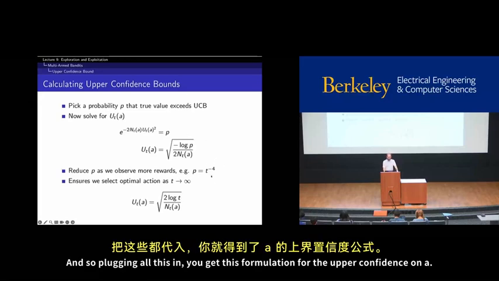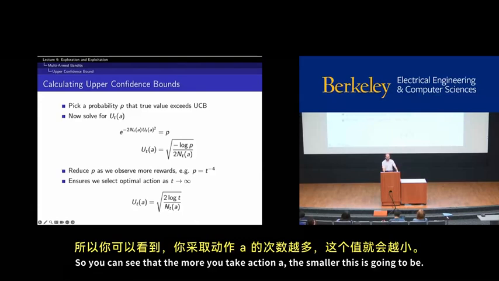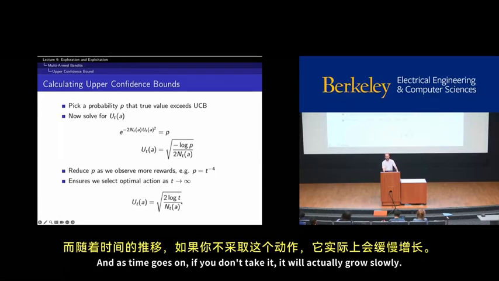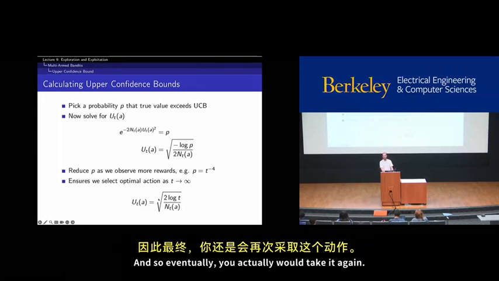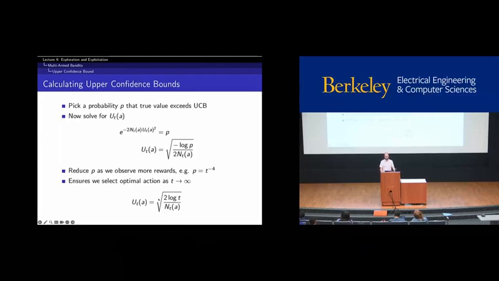And so plugging all this in, you get this formulation for the upper confidence on A. So you can see that the more you take action A, the smaller this is going to be. And as time goes on, if you don't take it, it will actually grow slowly. So if you never took this again, this would grow without bound, and so eventually you actually would take it again.